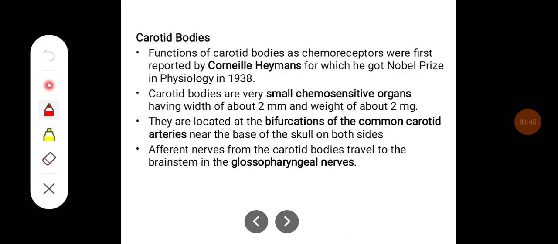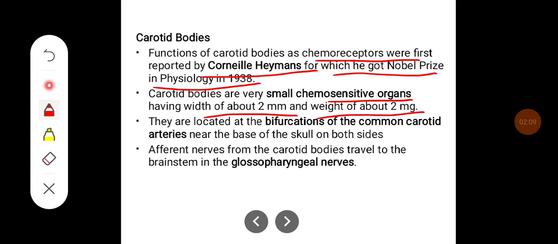Carotid bodies. Functions of carotid bodies as chemoreceptors were first reported by Cornel Heymans, for which he got the Nobel Prize in Physiology in 1938. Carotid bodies are very small chemosensitive organs having width of about 2 mm and weight about 2 mg.